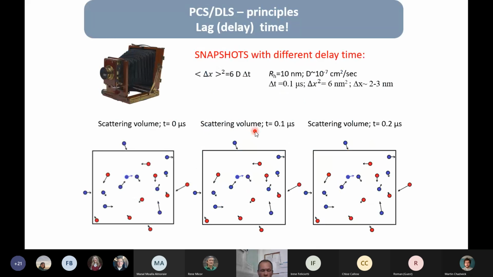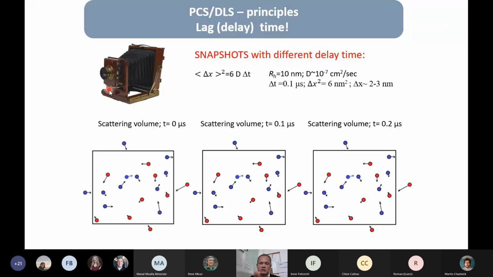And what I would like to do with your help, because I need your imagination, is check this scattering volume, and we will be taking a picture using this old-fashioned camera, just to see how the number of these proteins is changing with different periods of time between these snapshots.